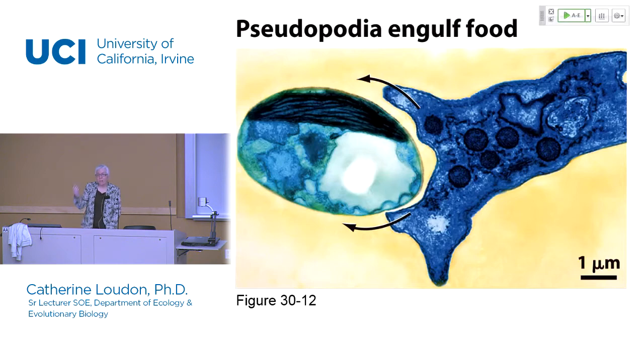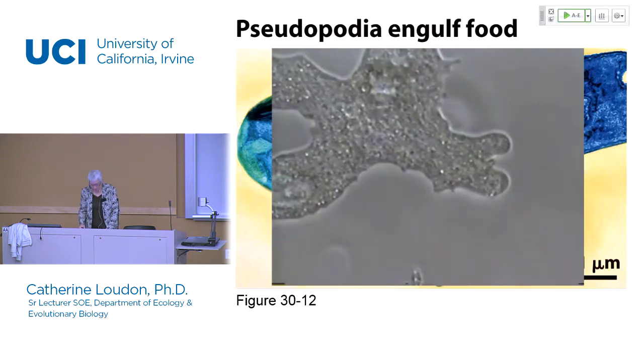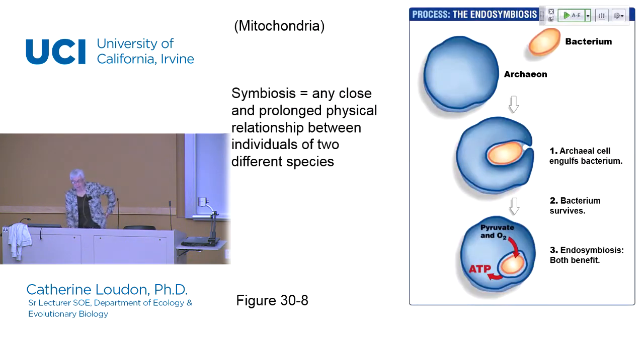So if a bacterium is engulfed and, instead of being broken down, survives, then what would we expect the different partners to get out of this? And what would we expect the characteristics of such a bacterium to be?